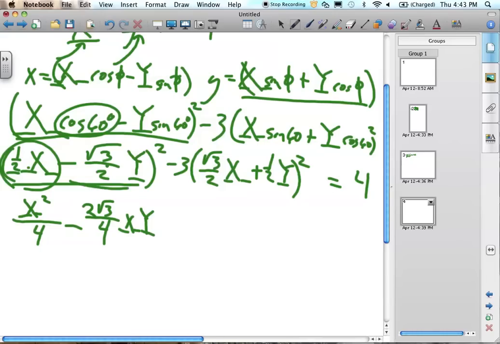And then I square this guy. That will give me plus 3/4 y squared. So that's this thing expanded.